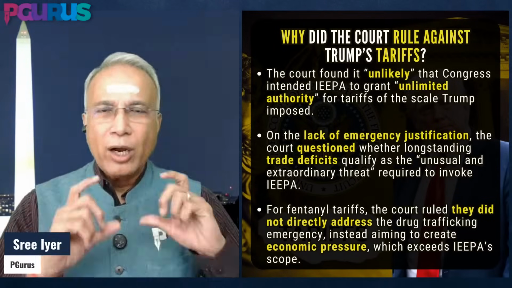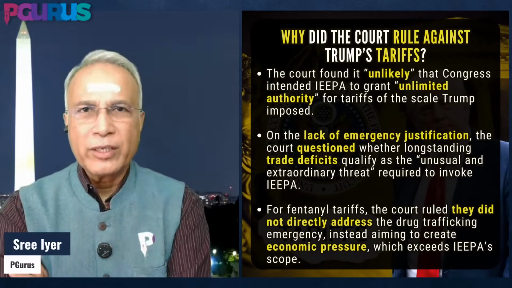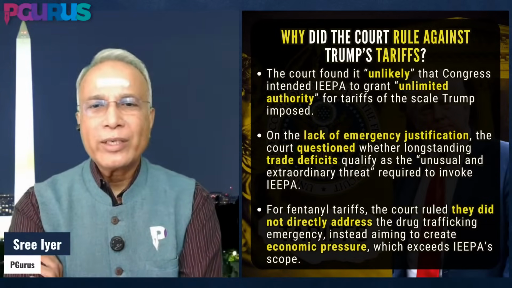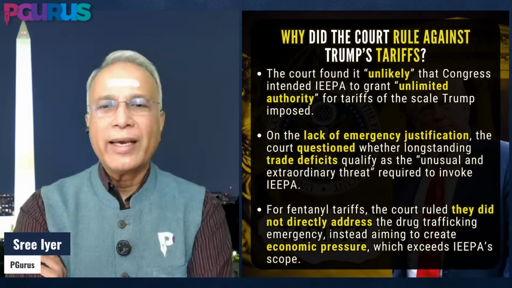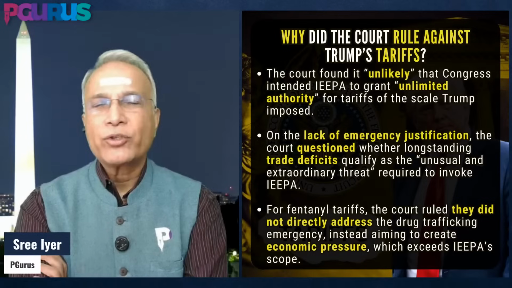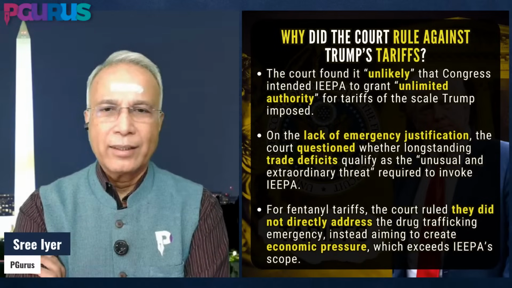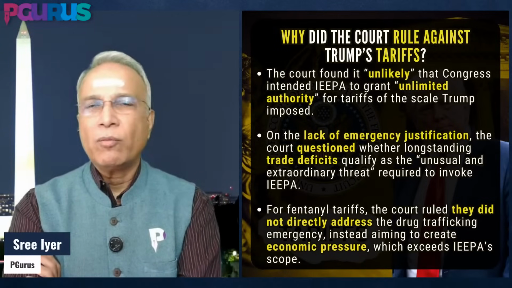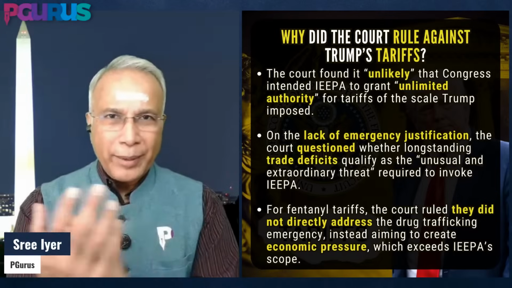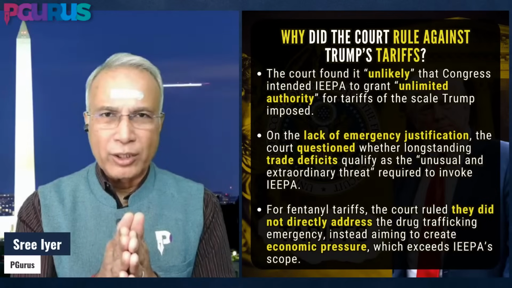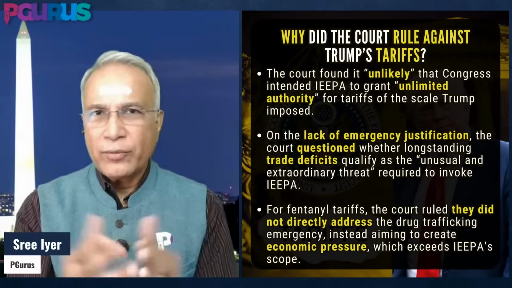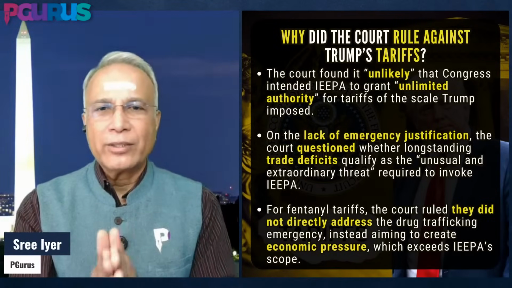So when you cannot justify an emergency, the court questioned whether long-standing trade deficits qualify as an unusual and extraordinary threat, which needs to be invoked under IEEPA. So basically, that is what the point is. It's a matter of interpretation. Is there an emergency? If so, what is that emergency? That is a question.